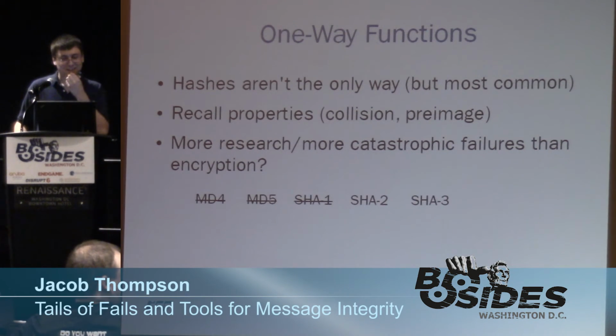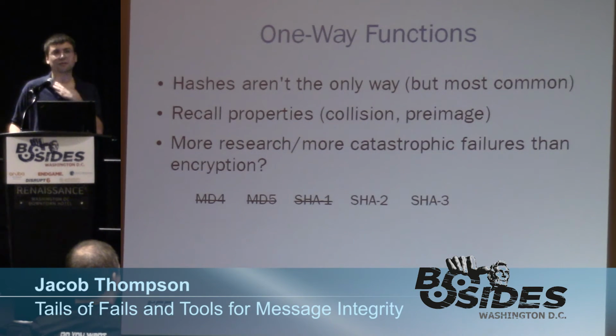I think a notable property here is, unlike symmetric encryption, where we still have plenty of things from the 70s and 80s that are failing because of key length, rather than other properties, like triple DES, or even RC4, which in the past few years has become unusable, hashes tend to catastrophically fail not very long after they come out, I've noticed.